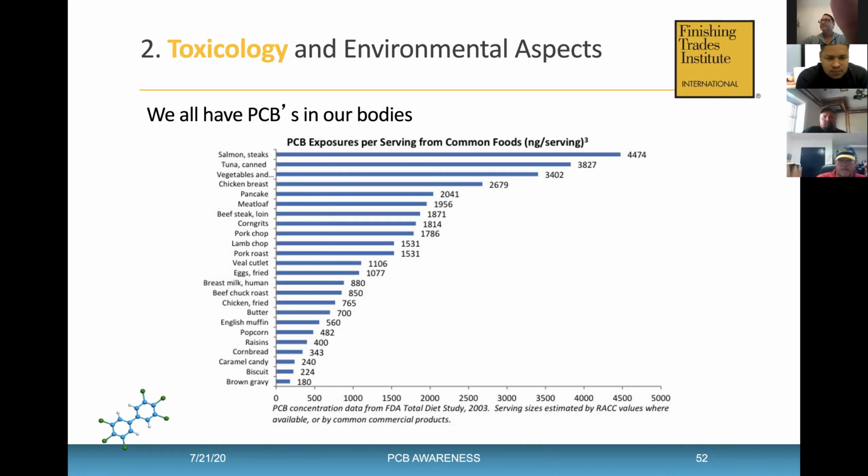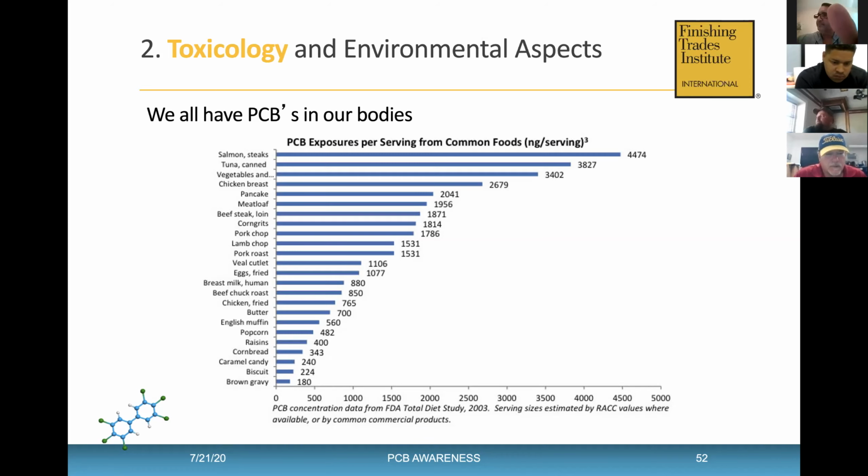Eggs. It's in eggs. And what we're going to learn about tomorrow is that the FDA, the Food and Drug Administration, actually has, unfortunately, different limits of PCBs in food, which is crazy, right? That they have to have limits on how much you can have of PCBs in food.